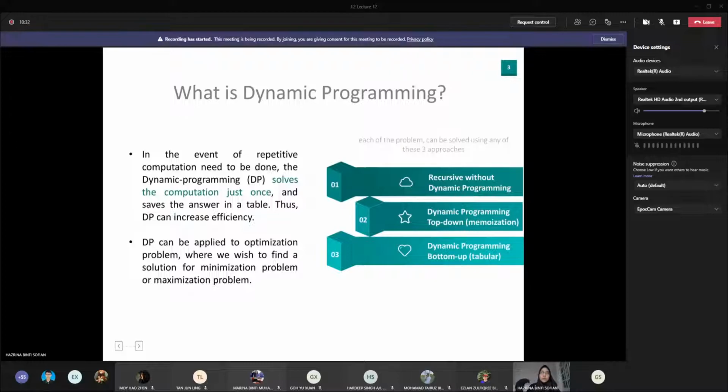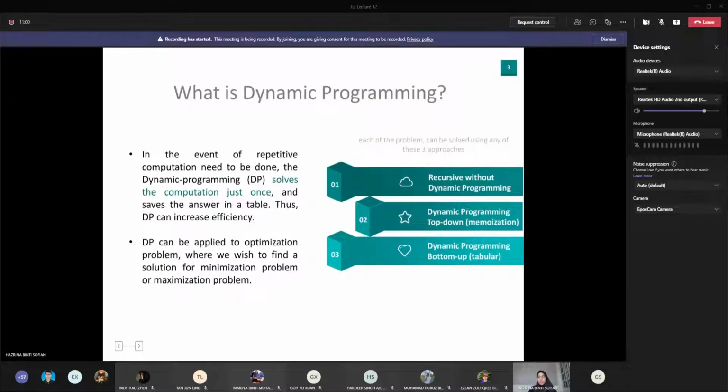Remember last week we learned how we integrate dynamic programming with Bellman-Ford to do the optimization to find the shortest path, where we wish to find a solution for a minimization or maximization problem. Any of these problems can be solved using these approaches.